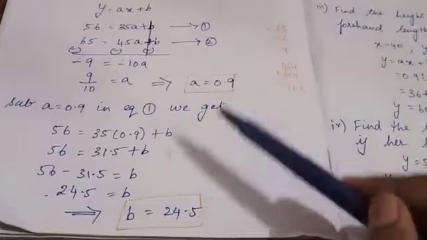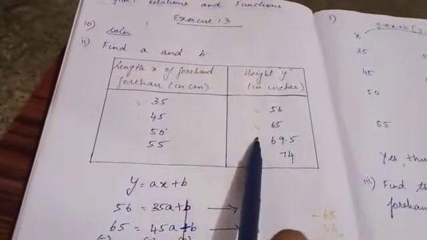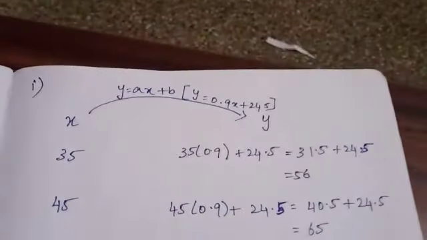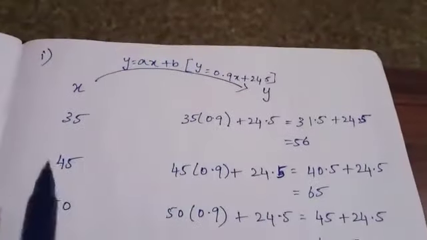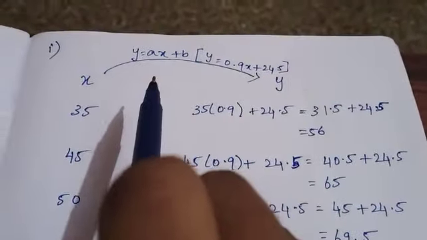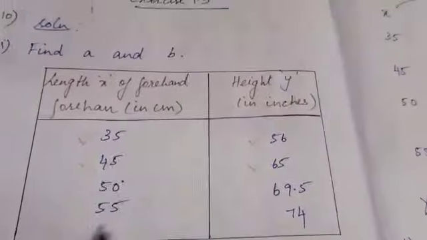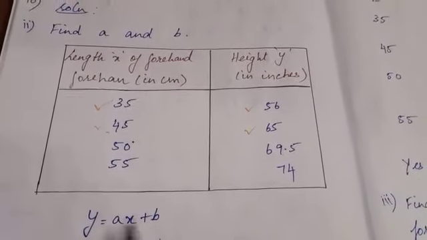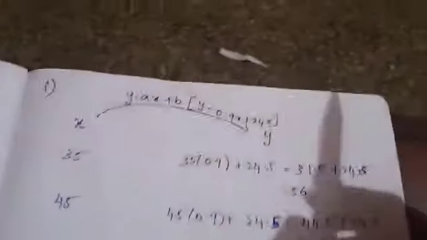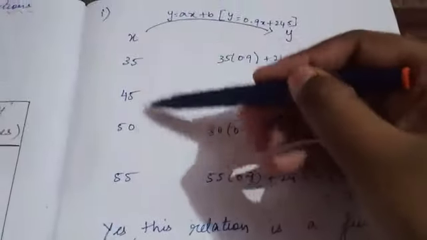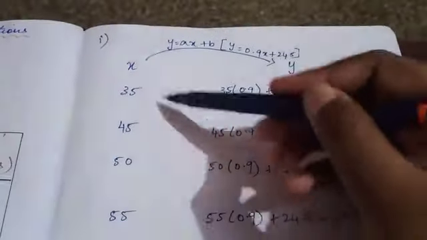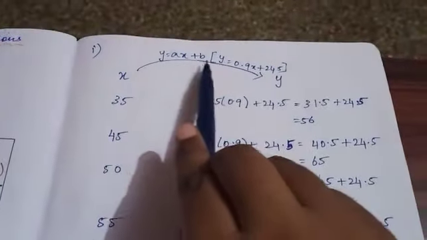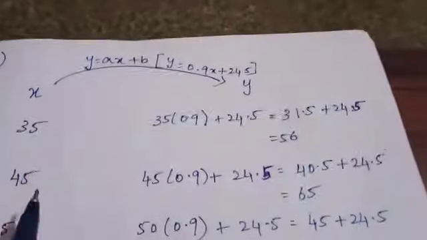Using this, we are going to check whether this is a function or not. To check whether it is a function, we have to substitute the values of x and y in this equation and check whether it satisfies this equation. I've written the values of x here. I'm going to substitute the values of x in this equation and find the value of y.